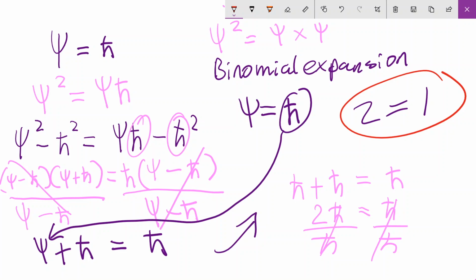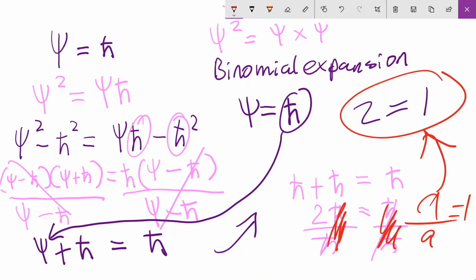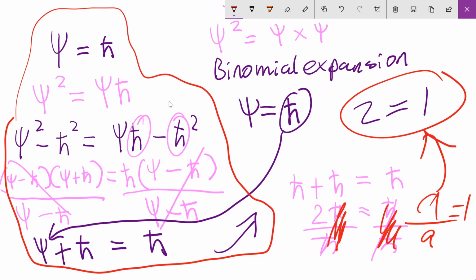Because look, we divide that, and then we divide that, so something a over a equals 1. So 2 equals 1. So how do we get 2 equals 1? We did everything right, and we got 2 equals 1. So does that mean math is incorrect?